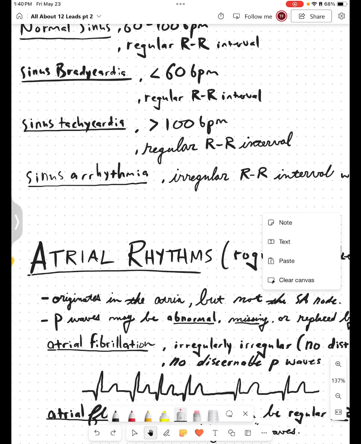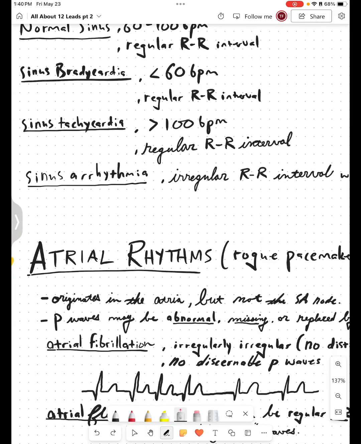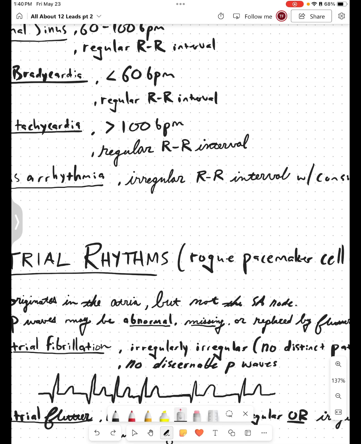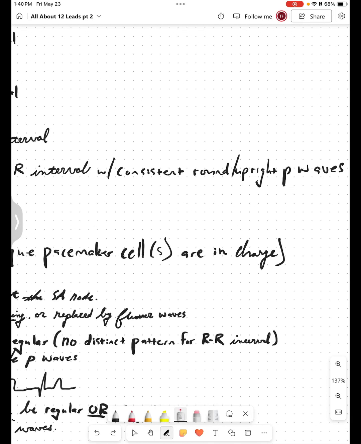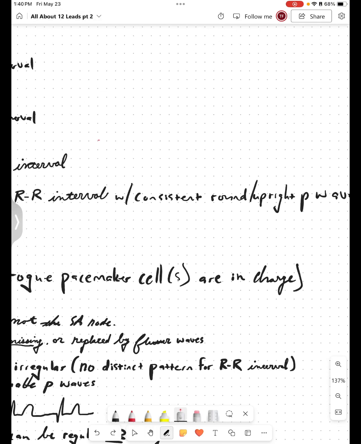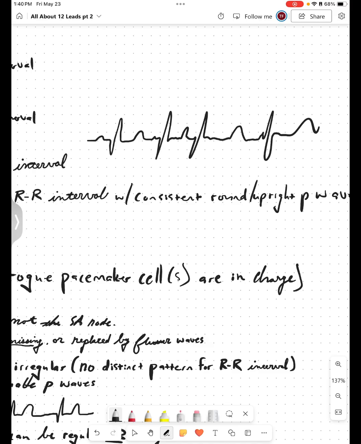So let's talk about, well, what about an irregular rhythm? Let's talk about sinus arrhythmia. This is going to have an irregular R to R interval with consistent, round, upright P waves. That's going to be something along the lines of this here.